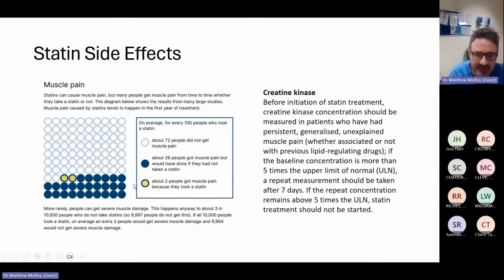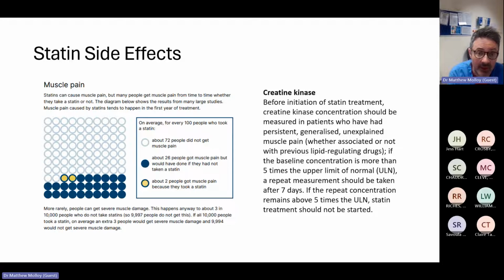Another big question about statins is side effects, and this is one of the larger reasons why patients are reluctant to take statins. Muscle pain is probably one of the bigger ones that patients worry about and complain about when they start the statin. Statins can cause muscle pain, but many people get muscle pain from time to time, regardless of whether they take a statin or not.